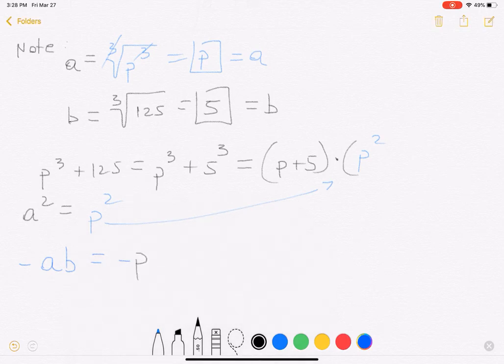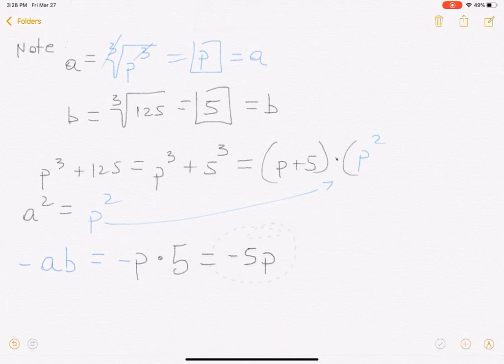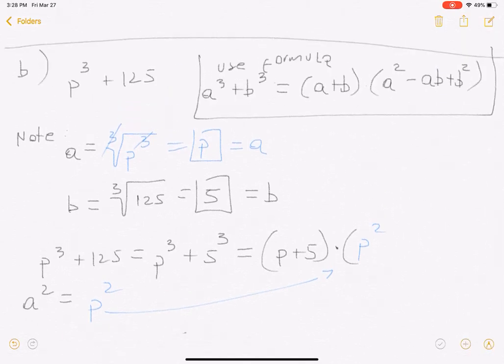Negative p times b, again b is just 5, which we rewrite as negative 5p, and that negative 5p goes right here.